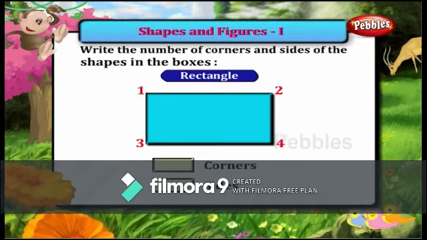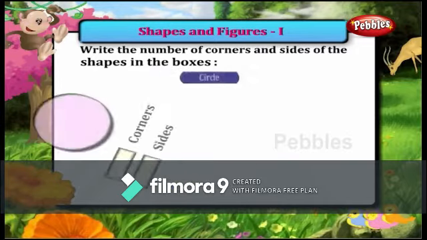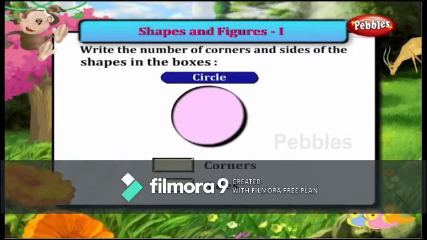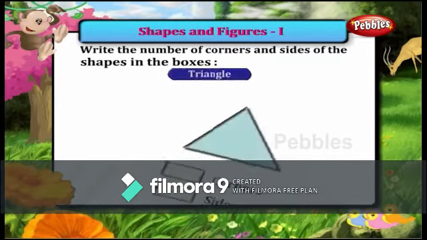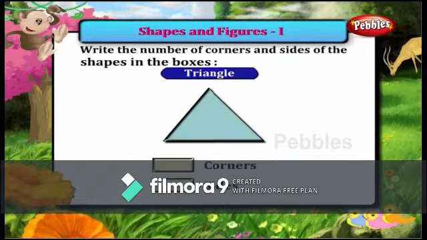It has 4 corners and 4 sides. This is a circle. It has no corners and no sides. This is a triangle. It has 3 corners and 3 sides.